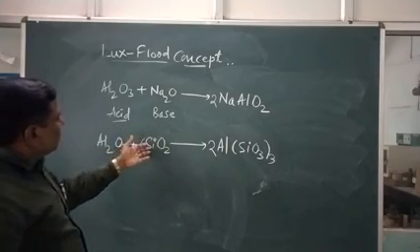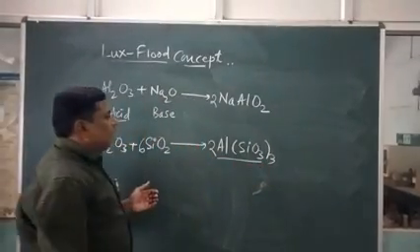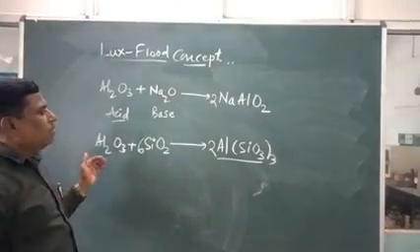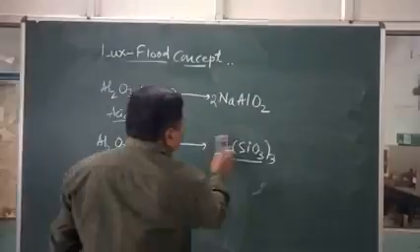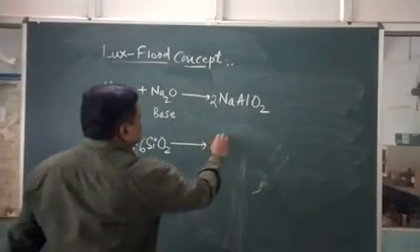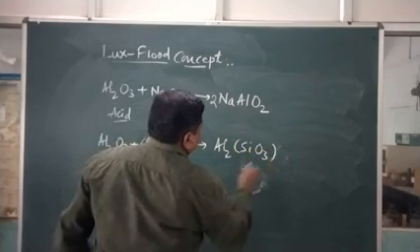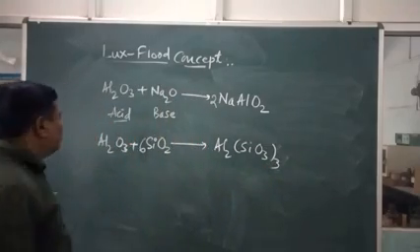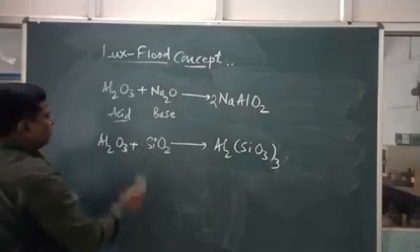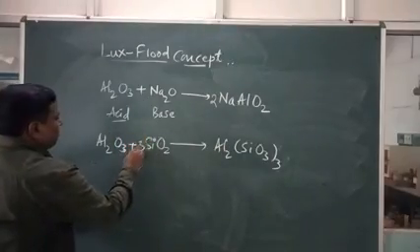that is 6 Si can be taken, and therefore this reaction becomes AlSiO3, or you can say simply, the product can be taken as Al2SiO3. We should take here twice. How this is balanced, generally 3 oxygen become, we have taken 3 SiO2.